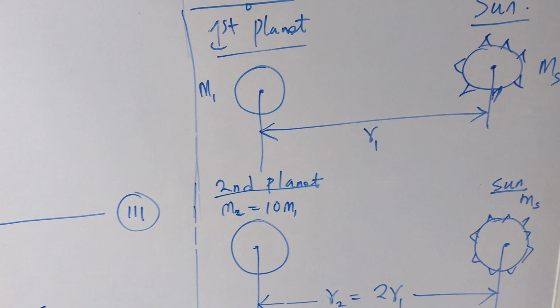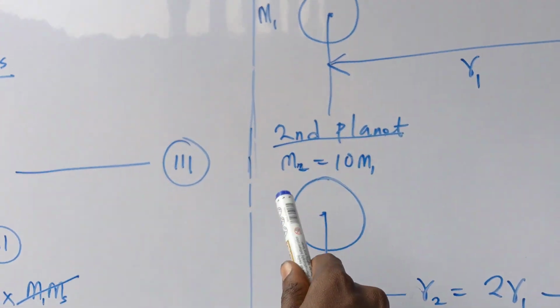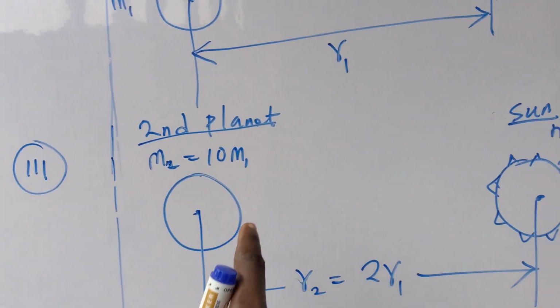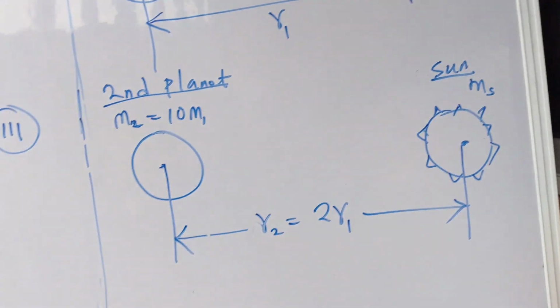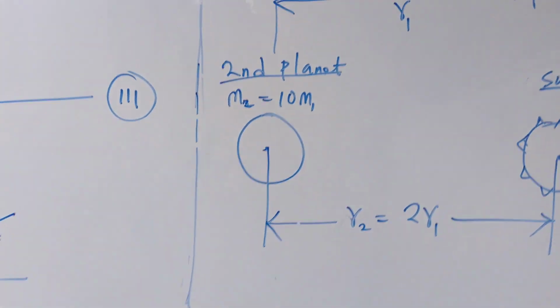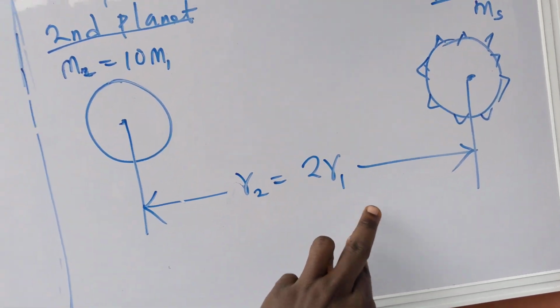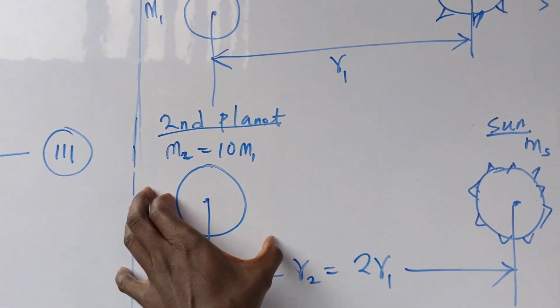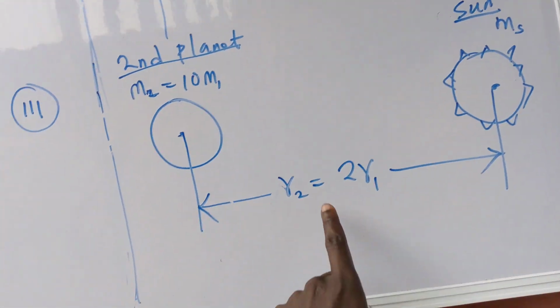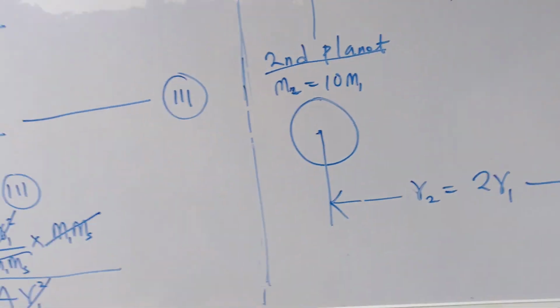Look at the second planet. The mass of the second planet is m2. We say m2 equals 10 m1, and the mass of the sun is ms. The distance between the second planet and the sun is r2, which equals 2r1. Take note of that.